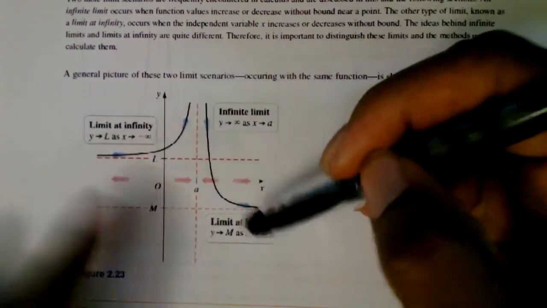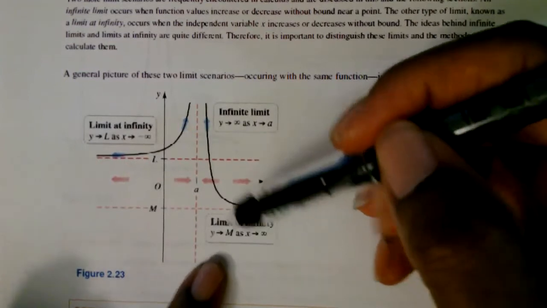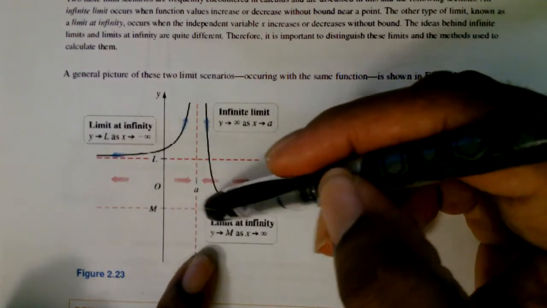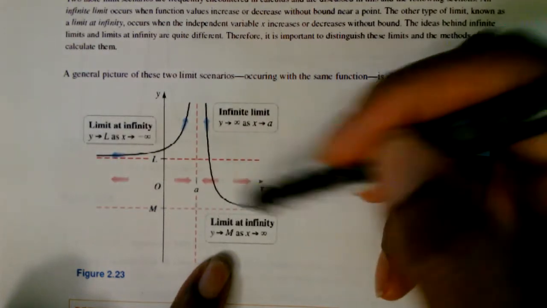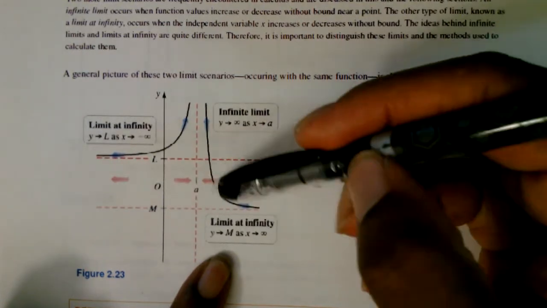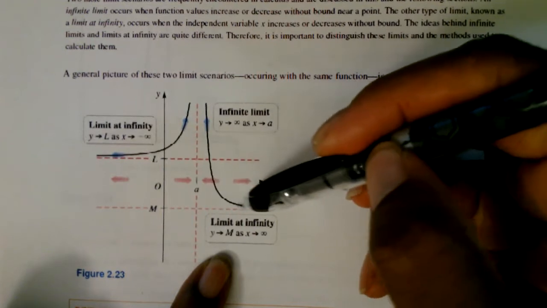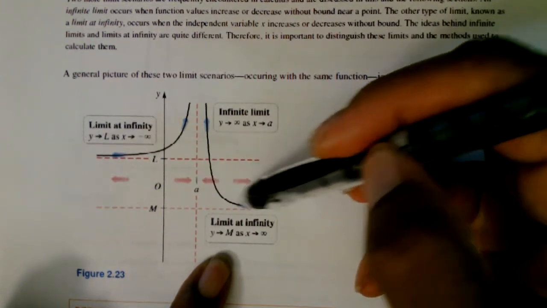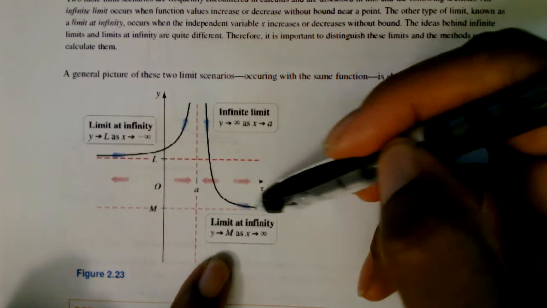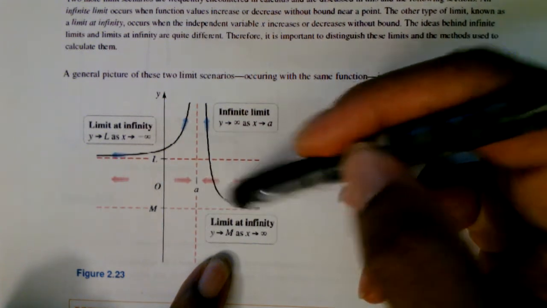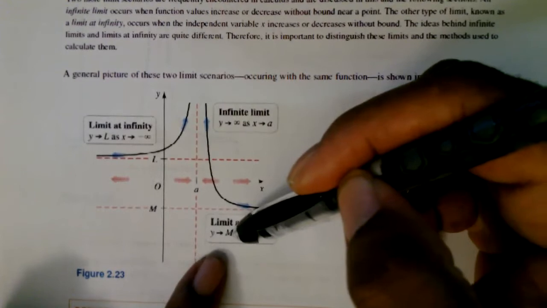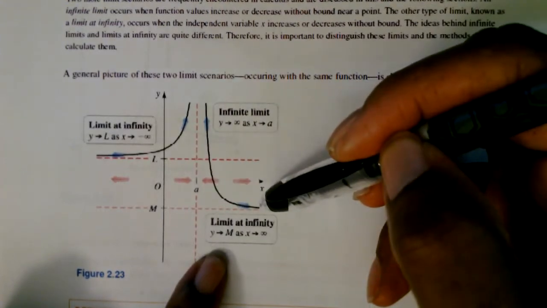And these two deal with limits at infinity. What's happening here is this. As we let x get bigger and bigger, this function will be approaching positive infinity. Well, y is going to be approaching some value of m.